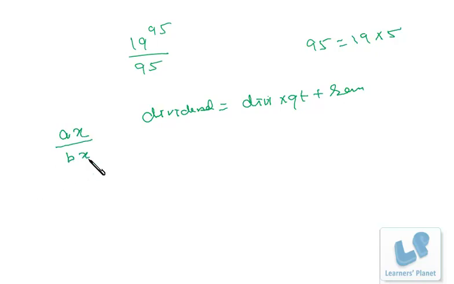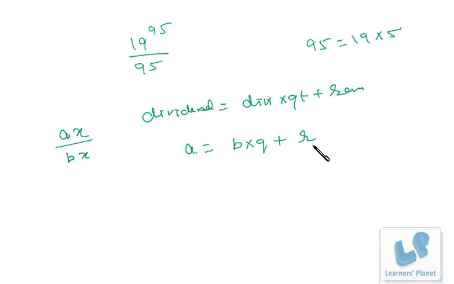You can see X is a common factor, as we can see over here. Forget this 95, but this 19 and this 95, we have 19 as a common factor. So a similar pattern I'm taking over here. AX is divided by BX, right? I take out this. I don't use X. I proceed with A and B, right? So A will be B into quotient plus remainder, right?